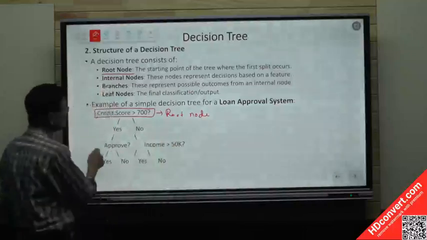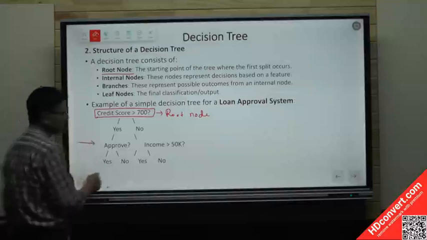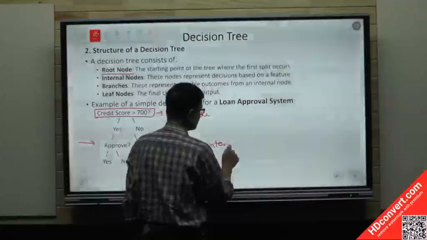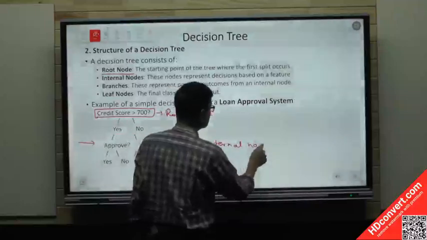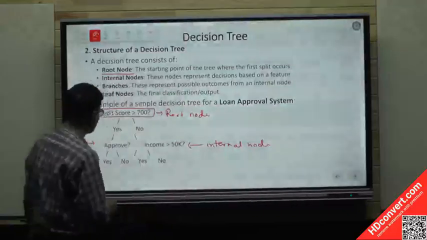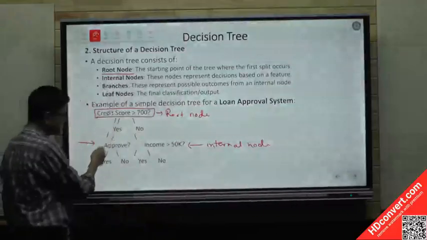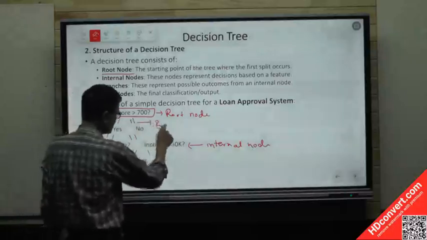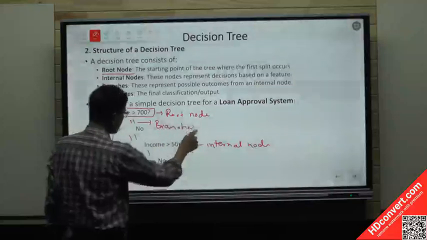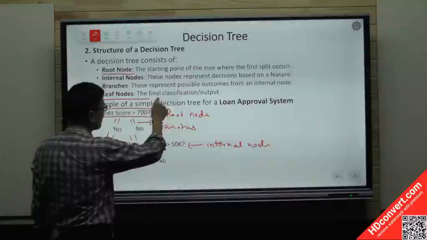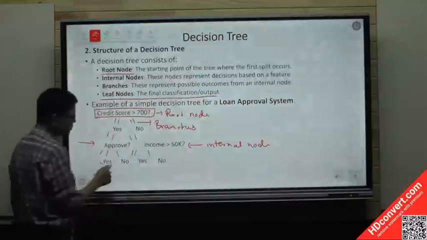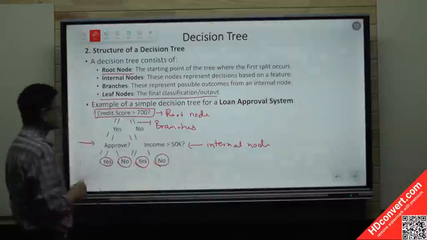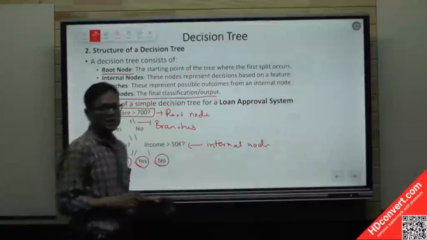Now everything else, this is an internal node. Then the pathways or the decisions are called branches. And the leaf nodes are the final classified outputs. So this is an example of a decision tree.